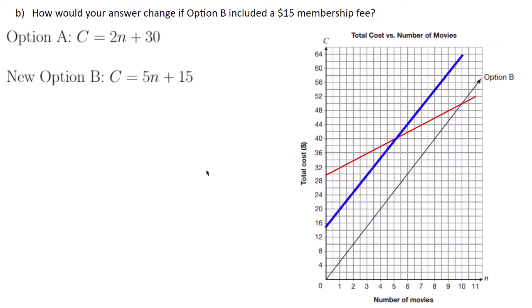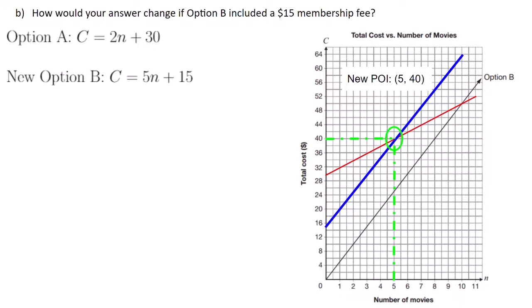So we draw it, and as you can tell, since option B has the same slope as before, it's parallel, and it's 5n plus 15. And notice how after we shifted it up, the point of intersection changed as well. So now we have a different point of intersection, and it's the point (5, 40).